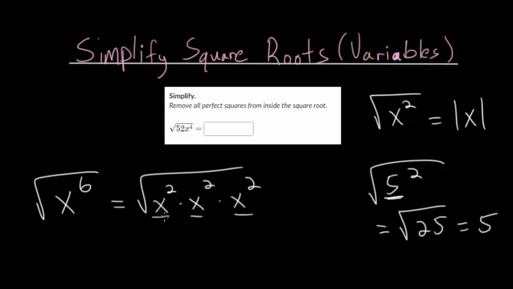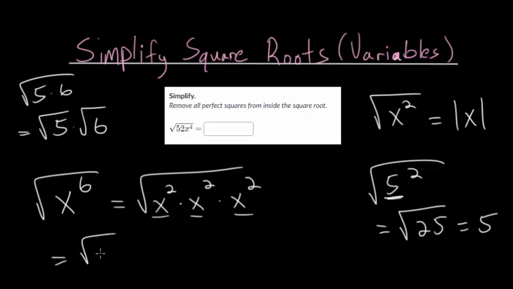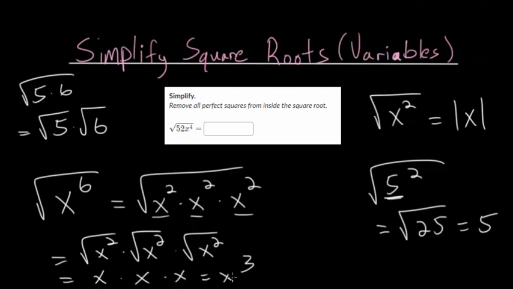And now when you have a product on the inside of a square root, like let's say you have root 5 times 6, you can break this up into a product of square roots, root 5 times root 6. So likewise, we can do that here. This becomes root x squared times root x squared times root x squared. And then each of these x squares just becomes x, assuming that x is positive. And so you would just get x to the third.